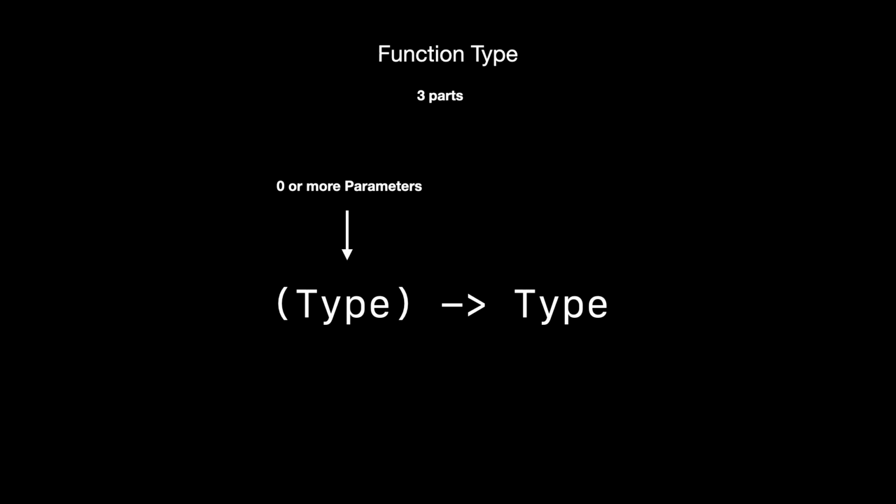Function types have 3 parts. The first part is a list of 0 or more parameters. Parameters are the inputs to the function. It's the data that will be provided when the function is called. I'll show an example of this later.